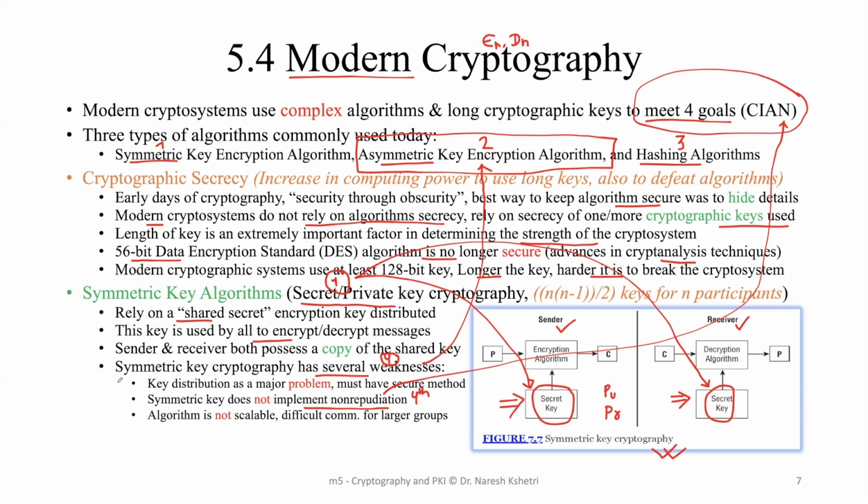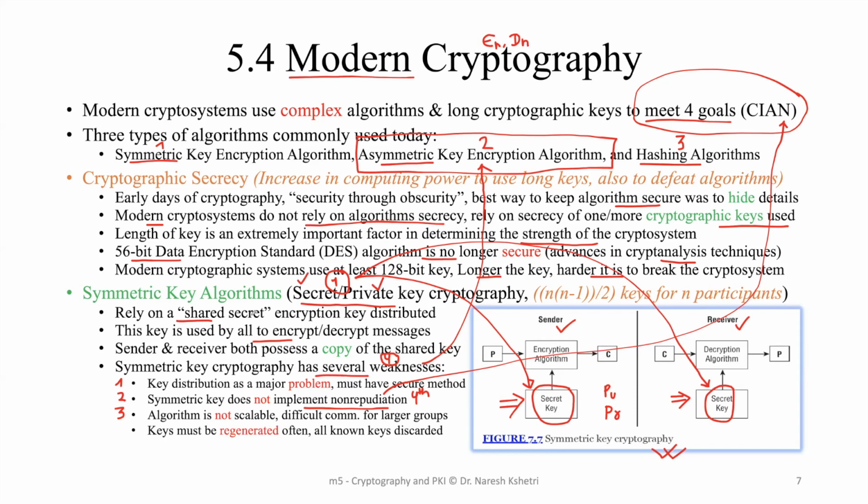The third weakness is that the algorithm is not scalable. It is extremely difficult for a larger group to communicate using symmetric key cryptography. Secure private communication between individuals in the group can be achieved only if each possible combination of users shares a private key. As you have seen, we say either private key or secret key.